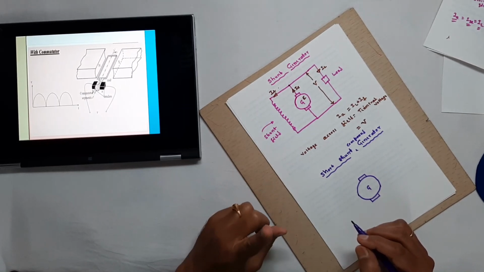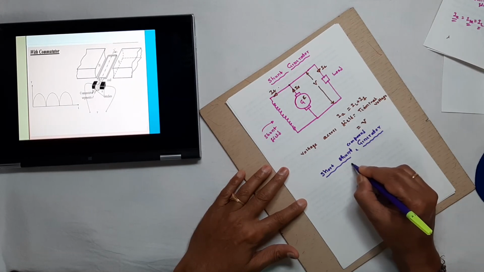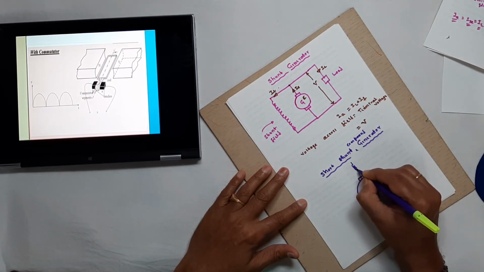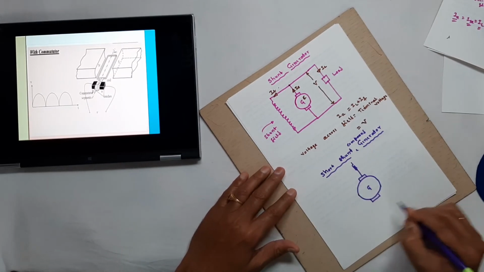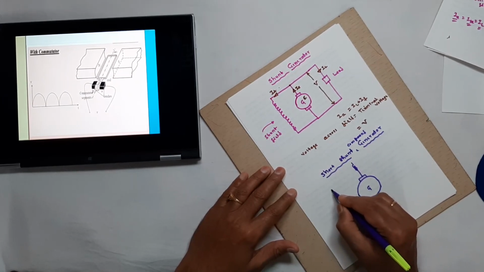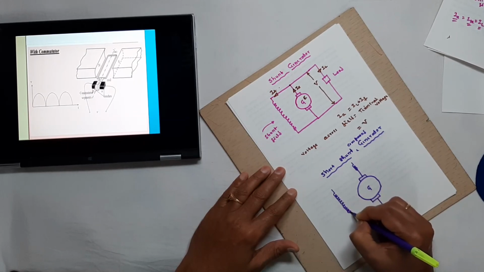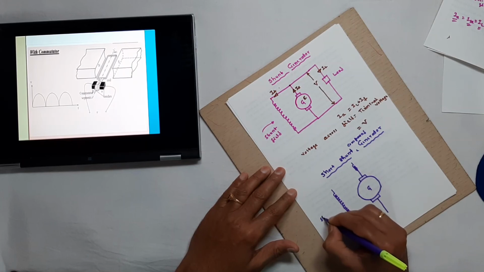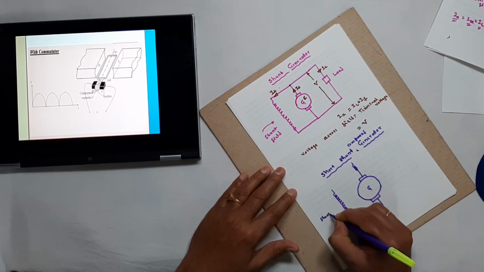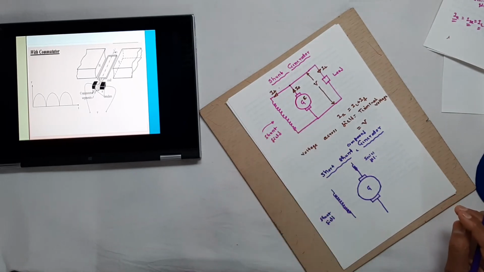I have a series field as well as a shunt field. The series field is in series with the armature. Then I have a shunt field. It is the shunt field, and this is the series field. I have written here short shunt.